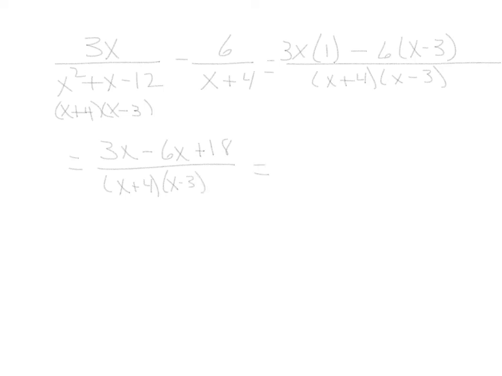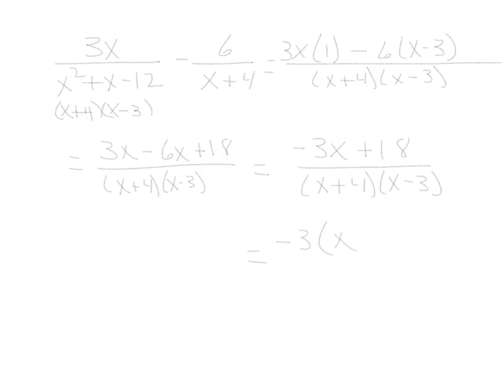We then gather our like terms. When we gather our like terms, you can see that we will have a negative 3x plus 18, and that is over the same denominator. Factor the top. We can factor out a negative 3. That will leave an x.